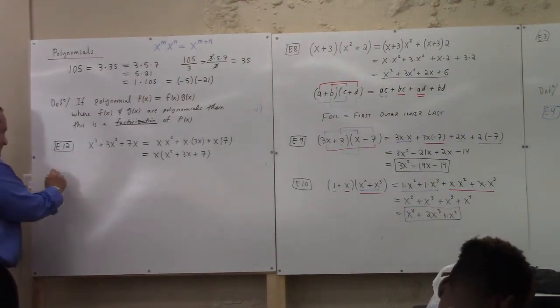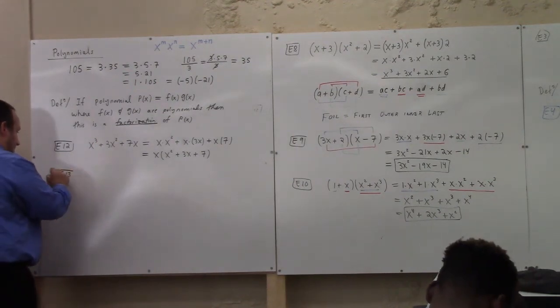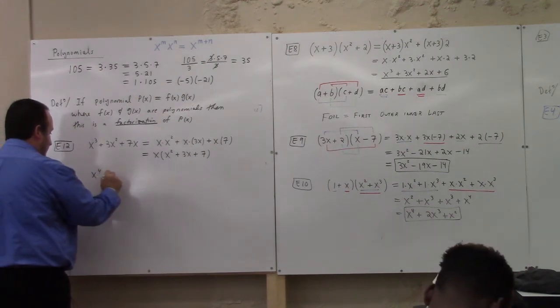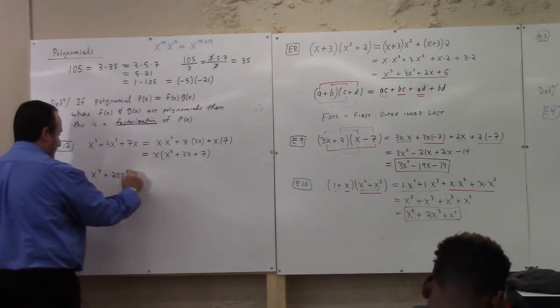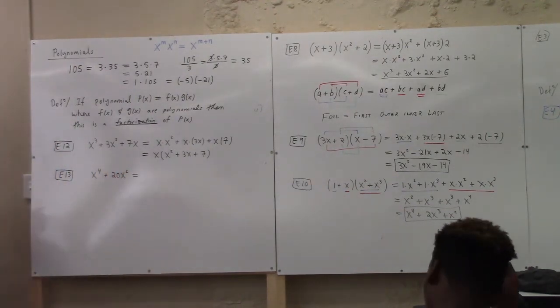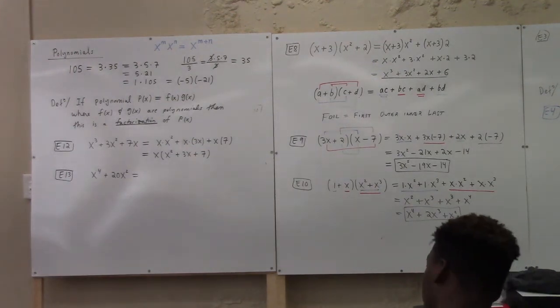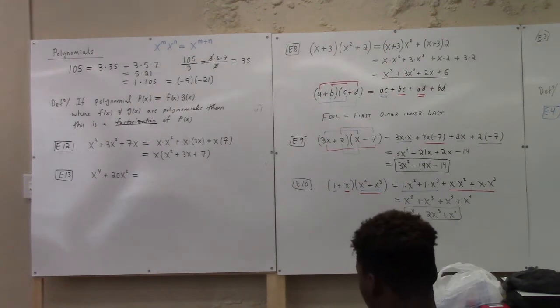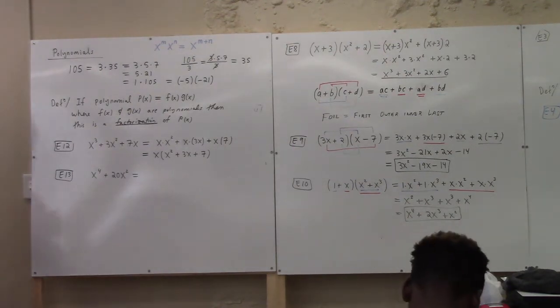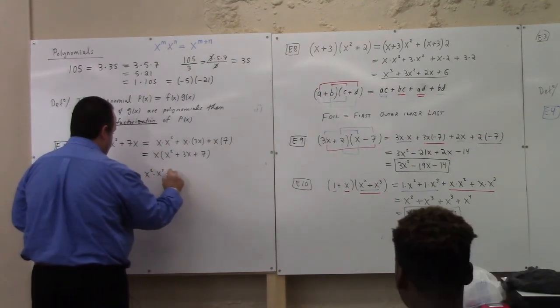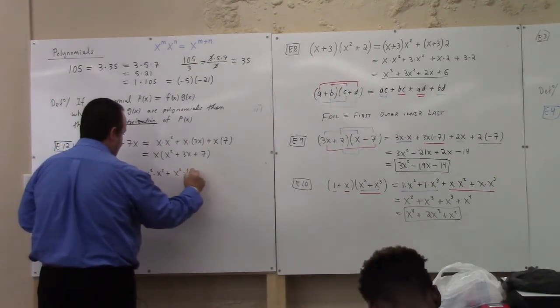Let's look at another pretty easy example here. x to the fourth plus 20x squared. What can we factor out of this? Notice we can peel off an x squared from both terms, right? So that's x squared times x squared plus x squared times 20.